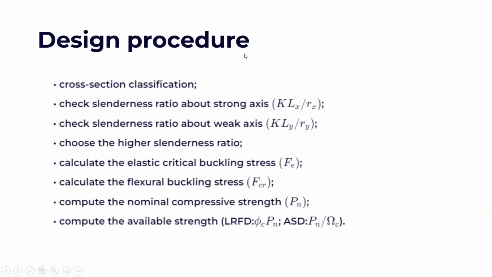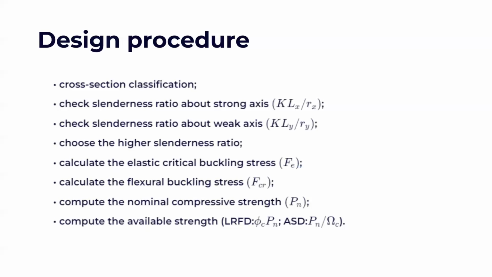So, we also have this design procedure. Para hindi natin makalimutan, naglagay ako ng step by step para hindi rin tayo malula sa kung gaano kahaba yung magiging process of solving the problem. So, una, check natin yung cross-section classification, kung slender ba siya or non-slender.